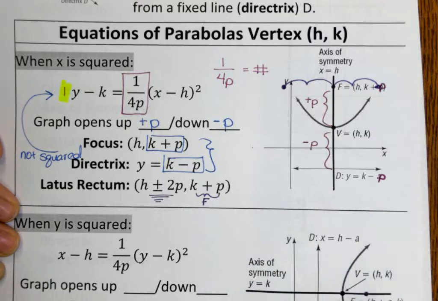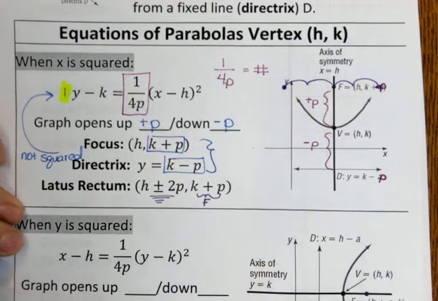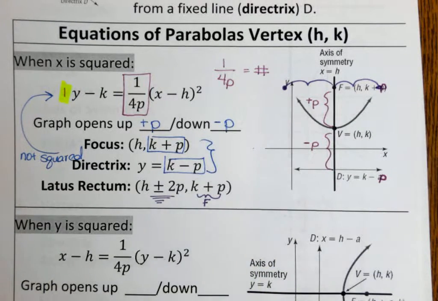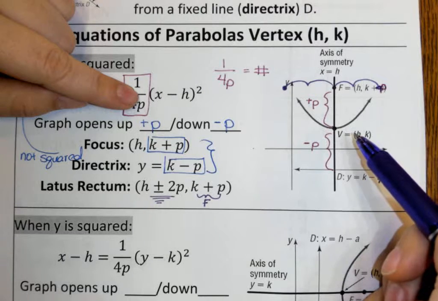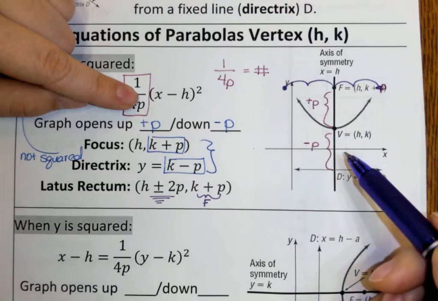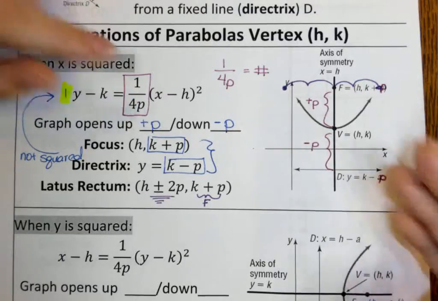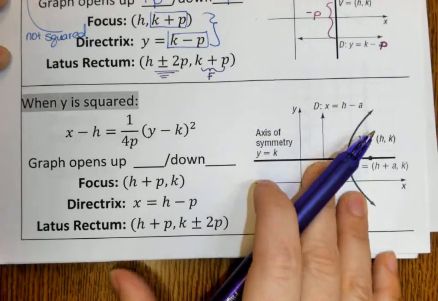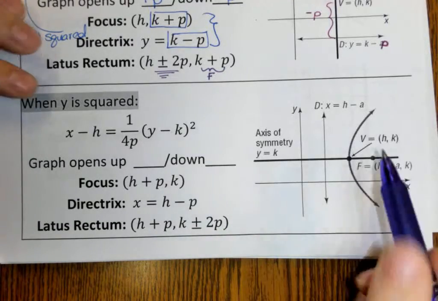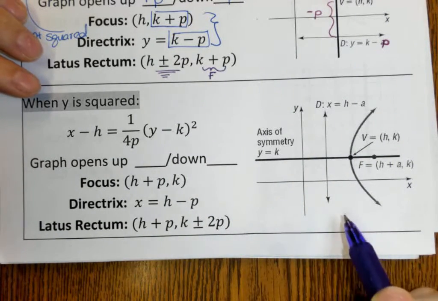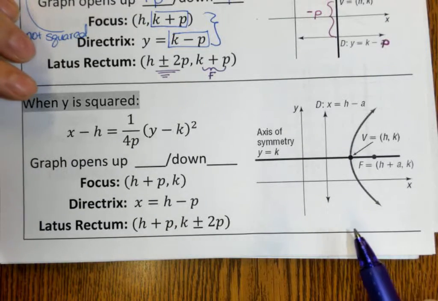Now, another thing you can think about: in Algebra 1 and Algebra 2, all of your parabolas have what variable squared? X. So when your x is squared, you're looking for your standard parabola, doing what it usually did in all those other classes, opening up or down. But when your y is the one that is squared, things get a little bit funkier looking. It doesn't change any of your rules.